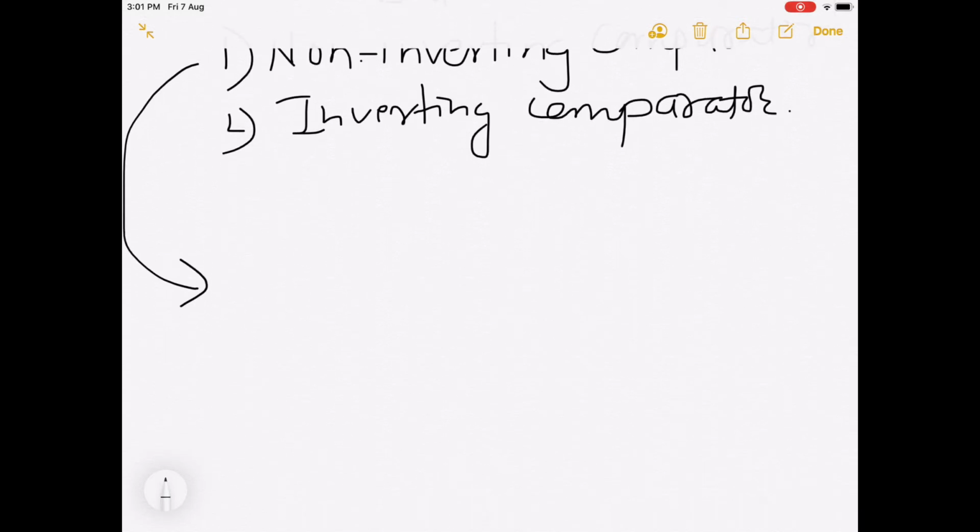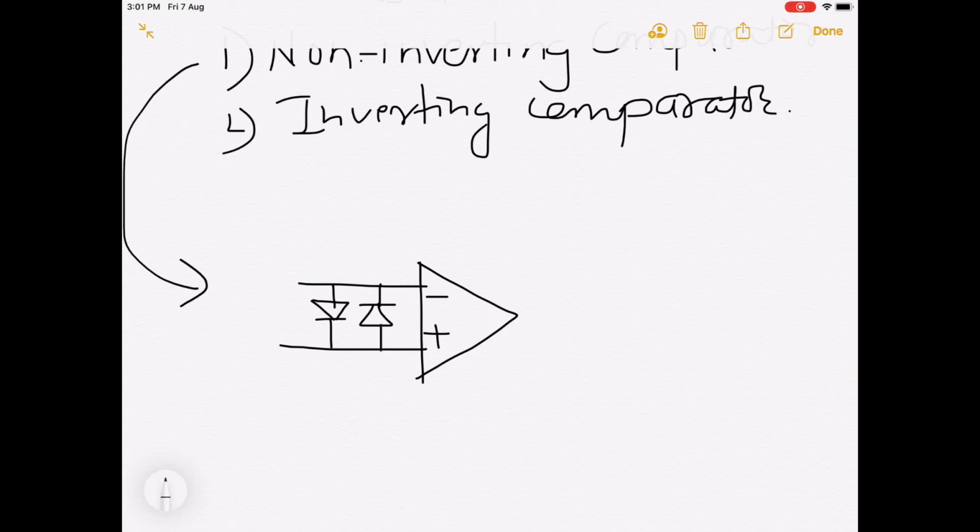In the non-inverting comparator, the circuit will be like this. This is the op-amp, then there are two diodes for protection of your op-amp. Suppose this is D1, this is D2. Here we are applying one input, as it is non-inverting, here we are applying the variable input.